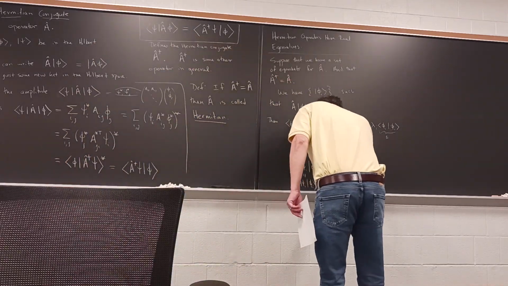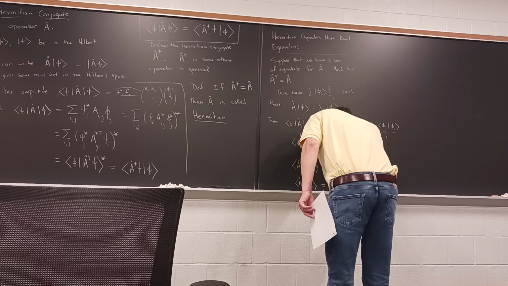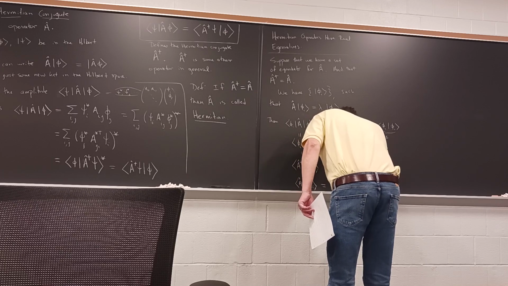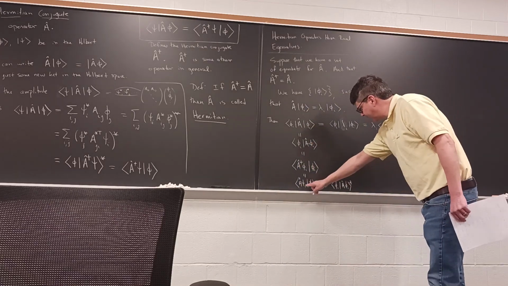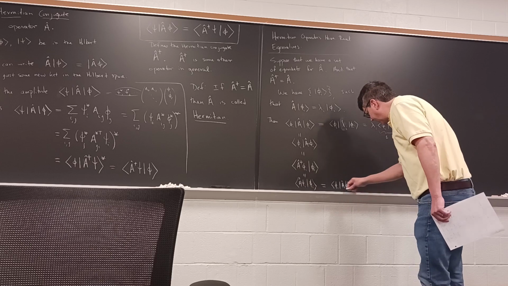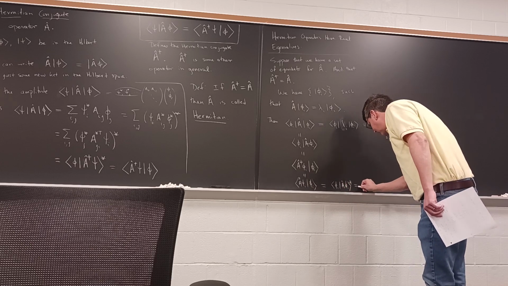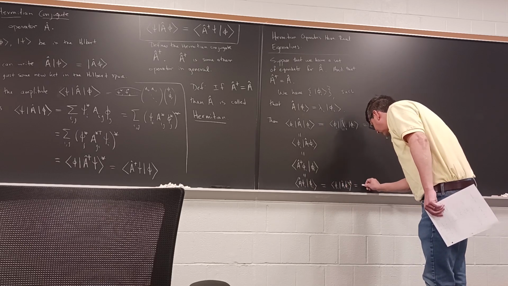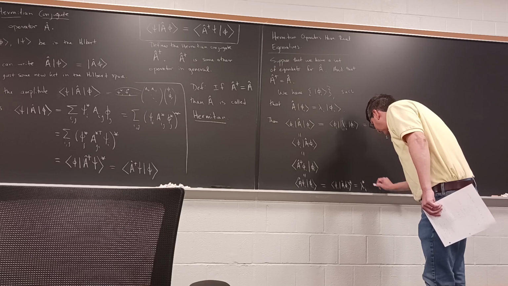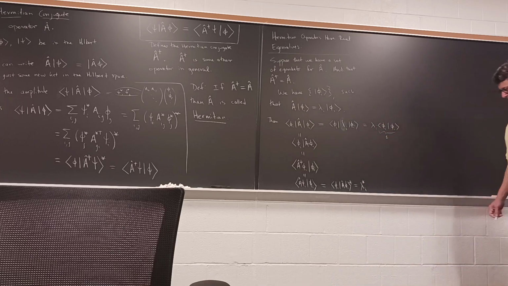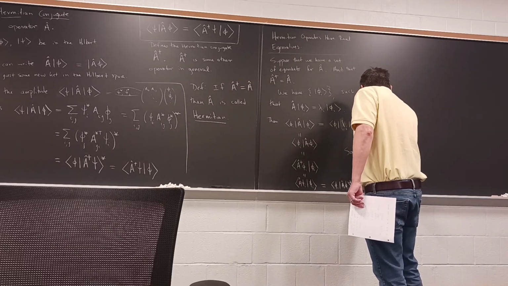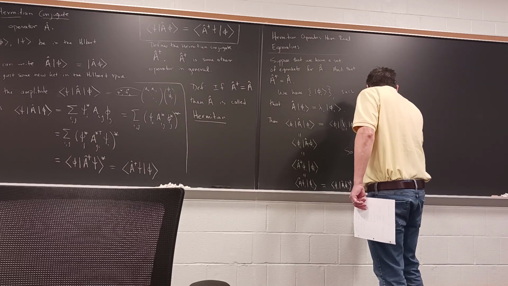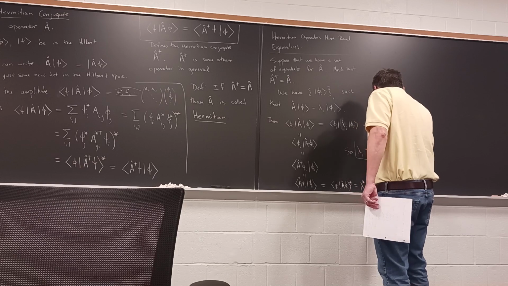But now I can just rewrite this as phi I A phi I star, by just flipping the bra-ket around. So this will be just lambda I star. So lambda I equals lambda I star, and it's real.